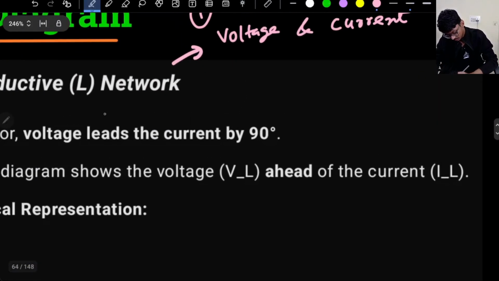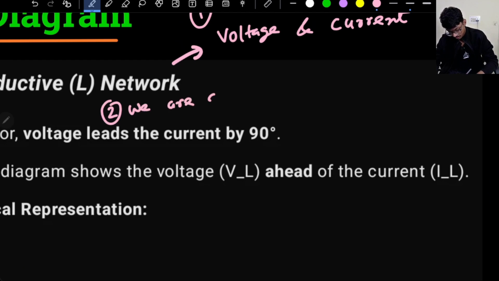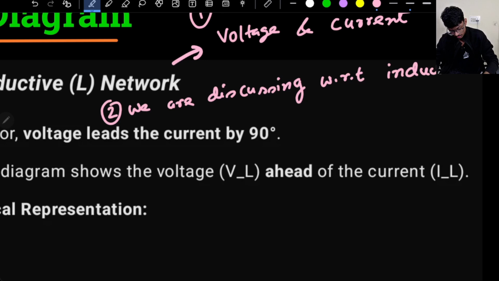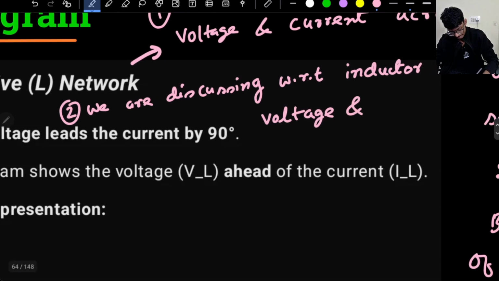So here I will write the second point. We are discussing with respect to inductor voltage and current.